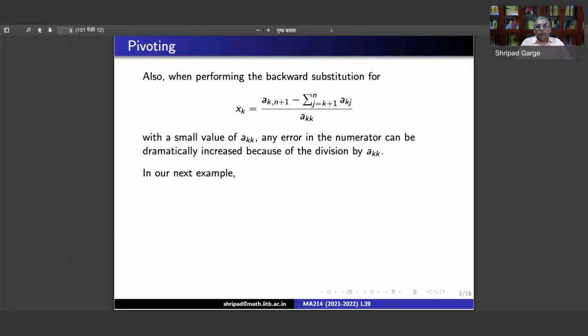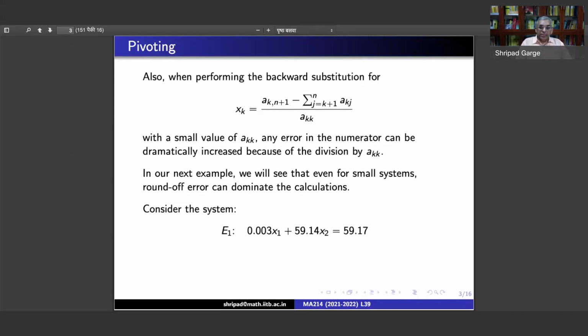For instance, we will see an example that even for small systems, round off error will dominate the calculations. So let's consider this system. You have two equations, E1 and E2. And E1 has the pivot element which is 0.003, which is a small number compared to the next entry, the second equation's coefficient of x1, which is 5.291.